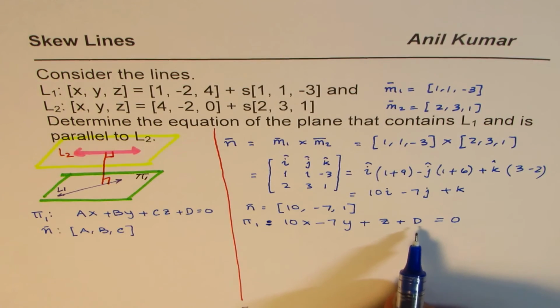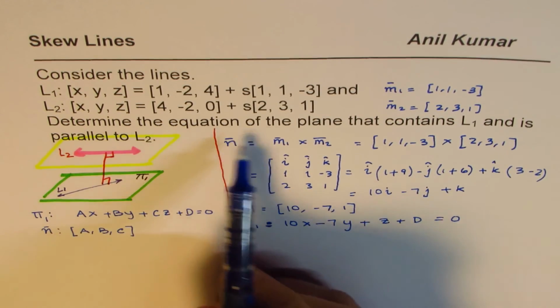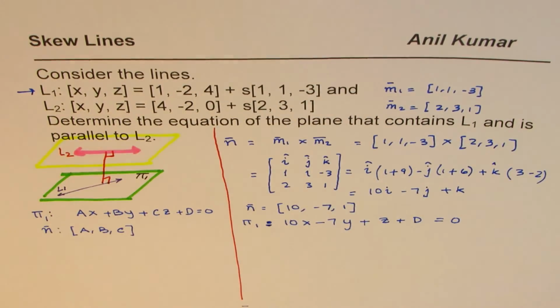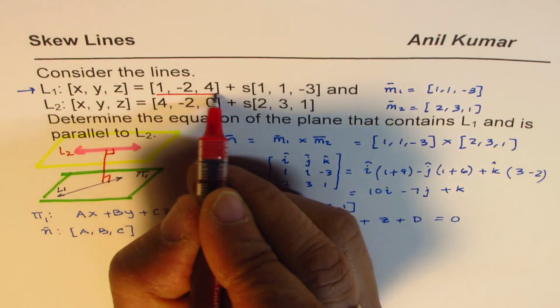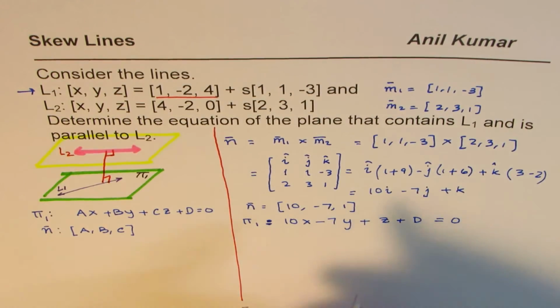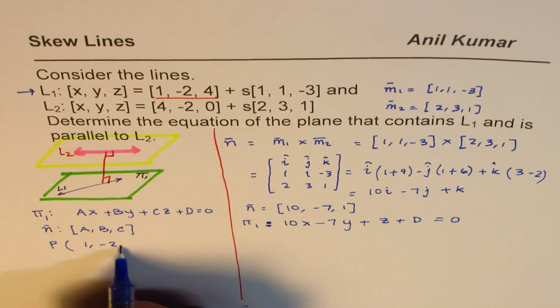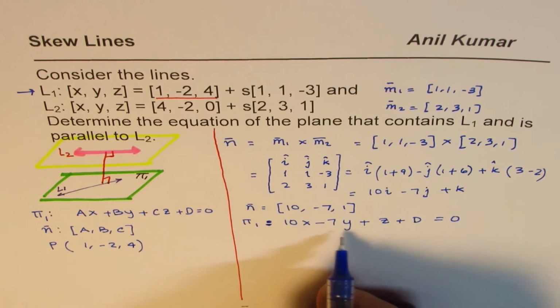How do you find d? To find d, we'll utilize the points. We need the equation of a plane that contains L1, so the point (1, -2, 4) should be on the plane.